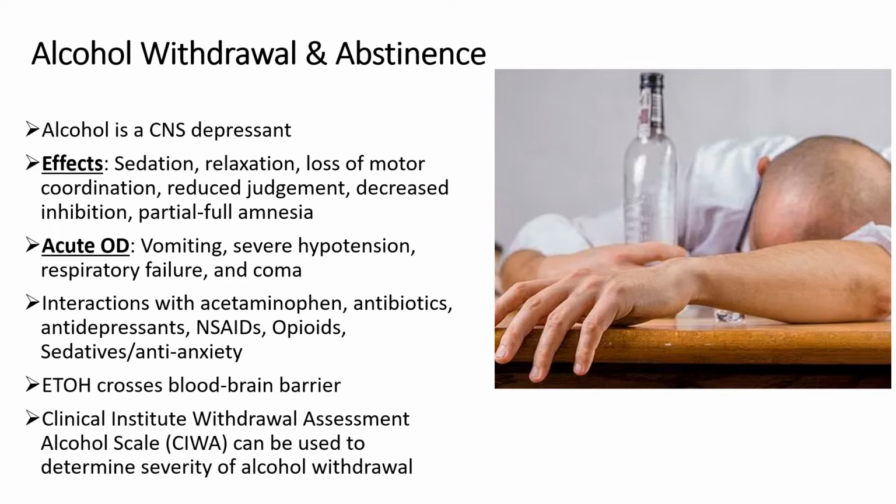So alcohol is a direct CNS depressant, central nervous system depressant. So what are the effects of alcohol we expect to see as the level goes higher and higher in the bloodstream?